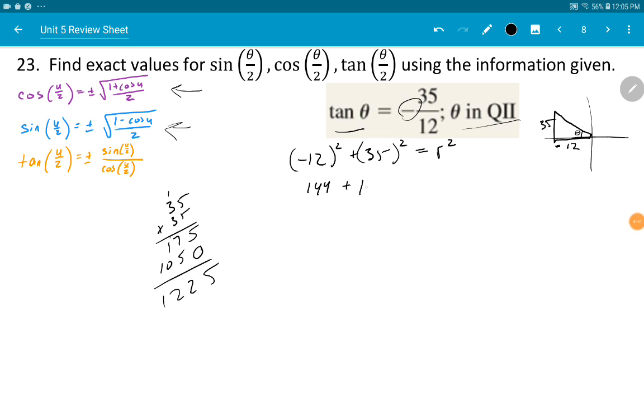I get 1,225, and adding 144, I get 1,369 equals r squared.